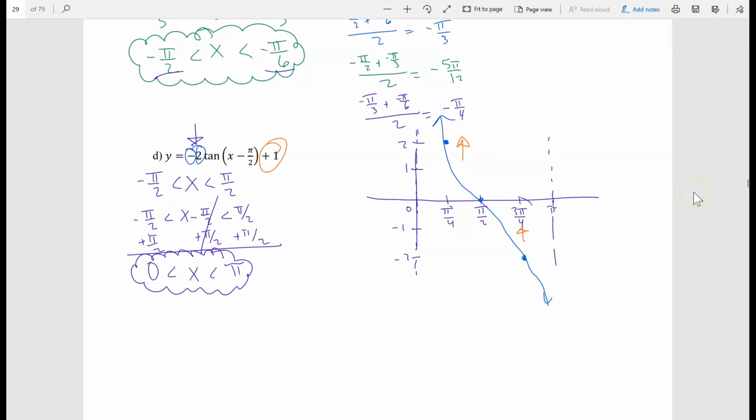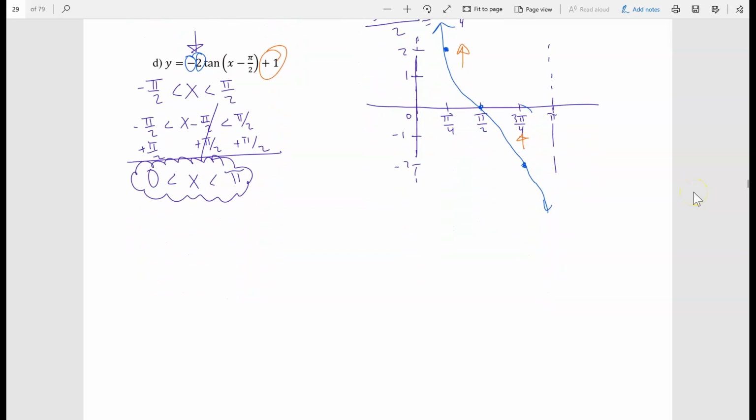So now let's go ahead and increase everything. The x values are still the same: 0, pi over 4, pi over 2, 3 pi over 4, and then pi. So the asymptotes are the same.